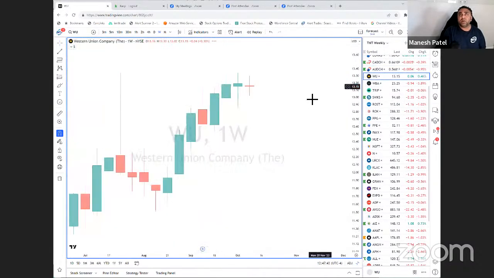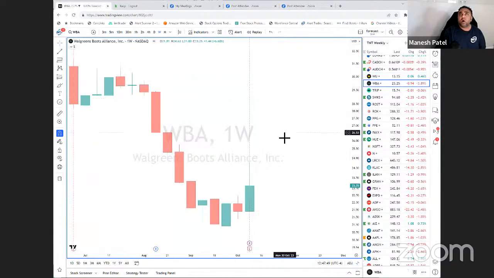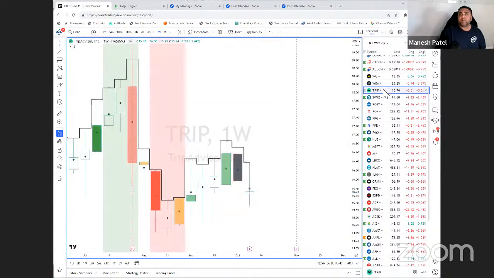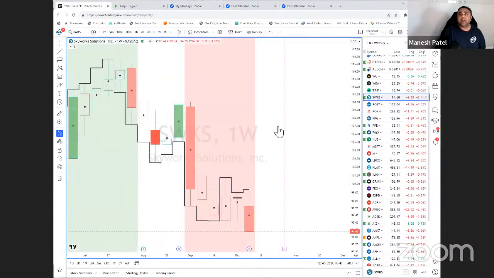W, Western Union, here. Shade, did not break the high, no opportunity at all. Walgreens Boots, here. There's no shade, no trade at all. Trip, no shade, no trade. SWKS, it entered here, broke the TNT low because it's a red shade, and was profitable.